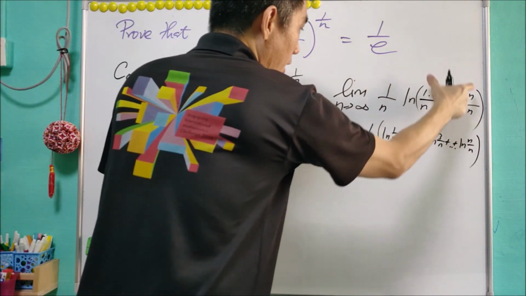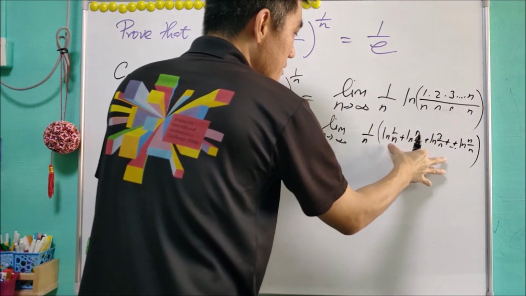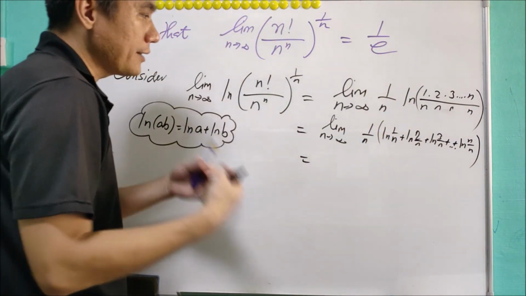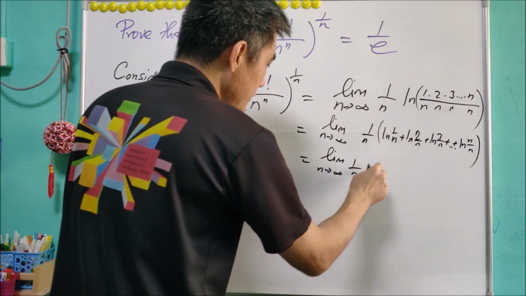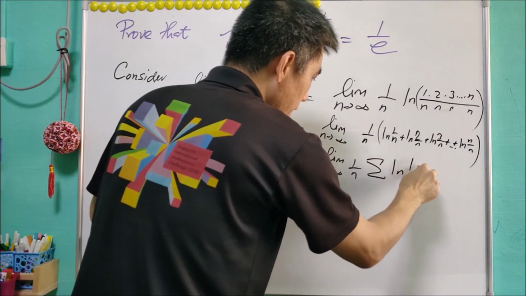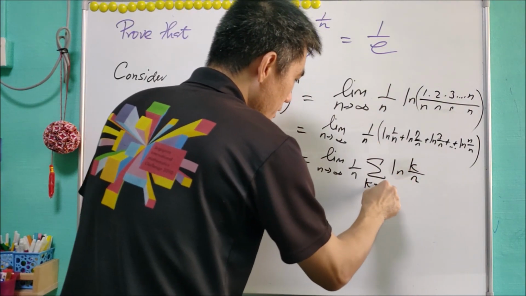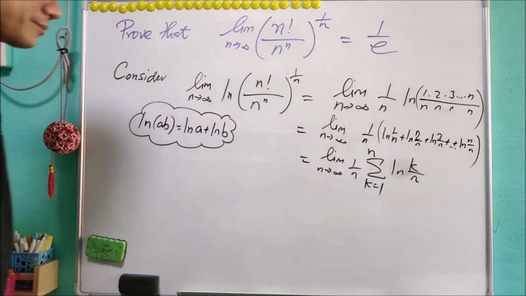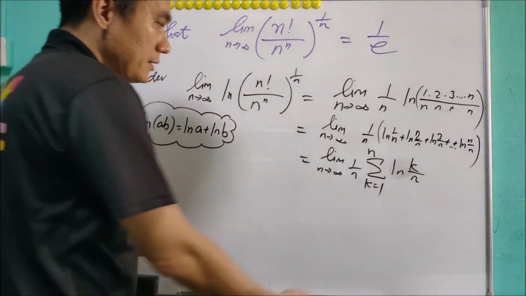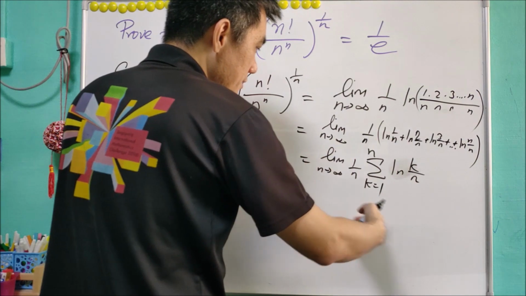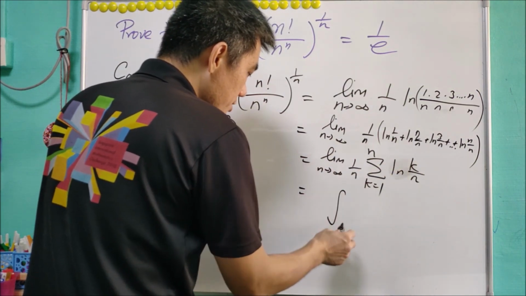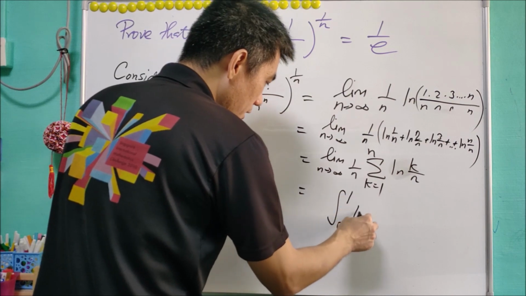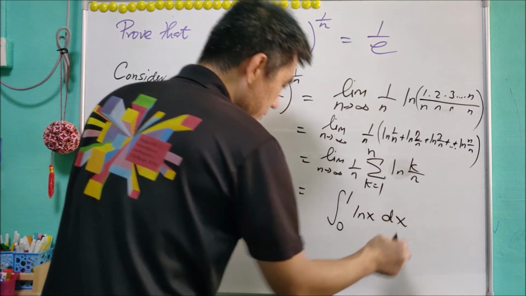The product of the terms becomes the sum of the logs, and this can be written as the limit as n goes to infinity of 1 over n times the summation of log of k over n, where k equals 1 to n. For those who have learned some calculus, you can recognize that this is in fact equal to the integral from 0 to 1 of log x dx.